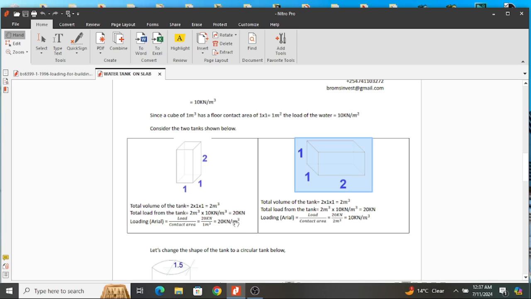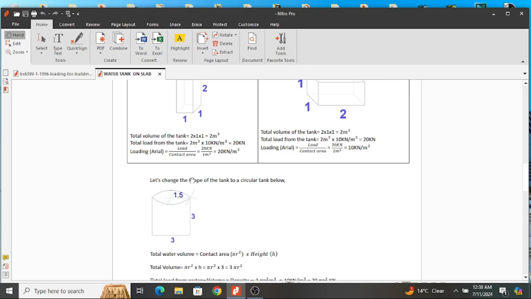Remember, these are square meters, not cubic meters. That was a mistake. Therefore, the first tank loads my contact area of 1 by 1 more than the second tank because of the more contact area. And remember, simply from physics, pressure is force over area. So that is what has been explained here.